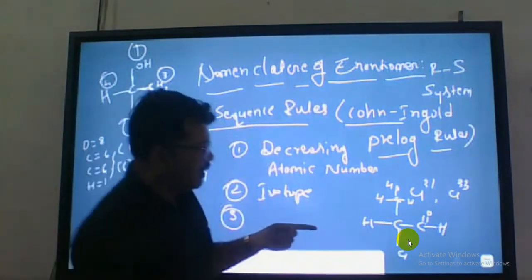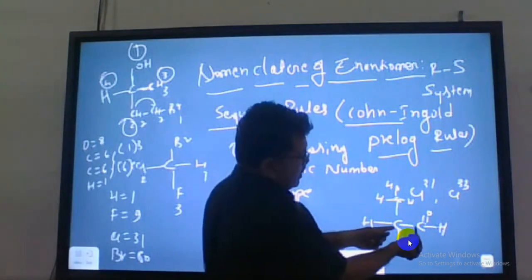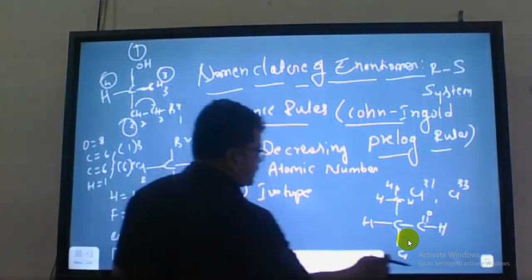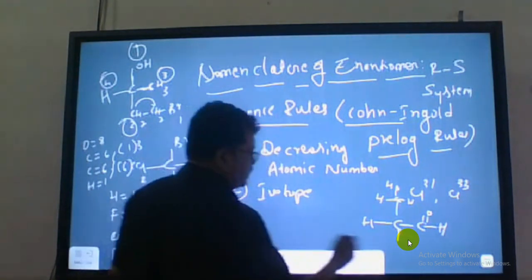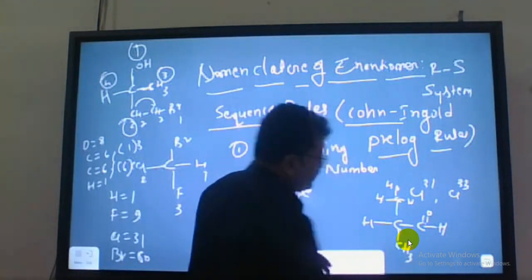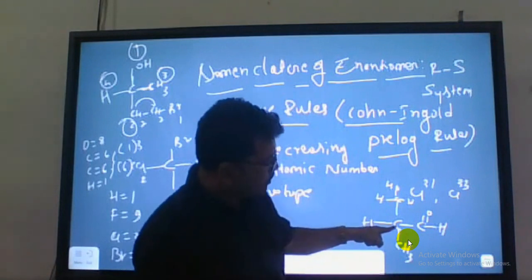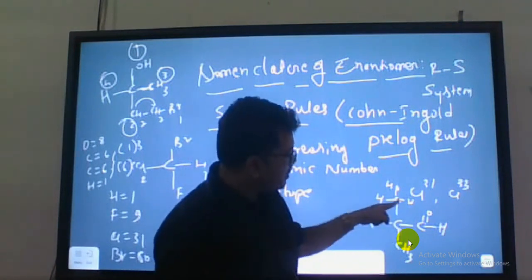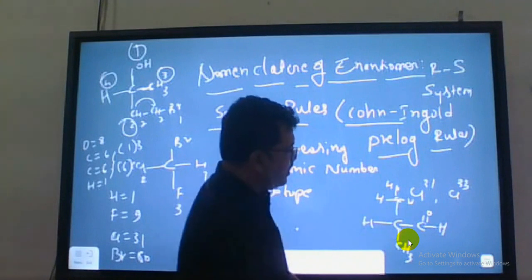So in this case, this carbon next to this carbon, take it as C3. So chiral atom. This is chiral carbon. So attached to this carbon, this carbon. These 3, 6, 6, 6.